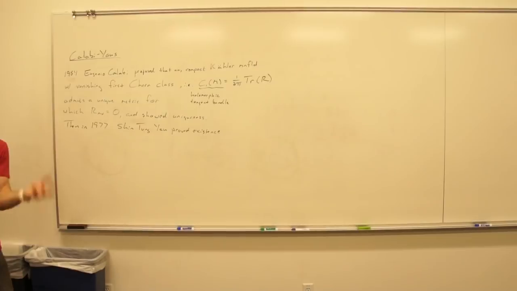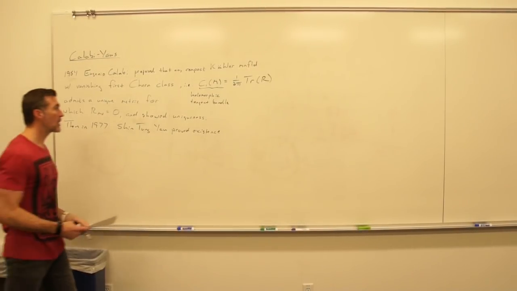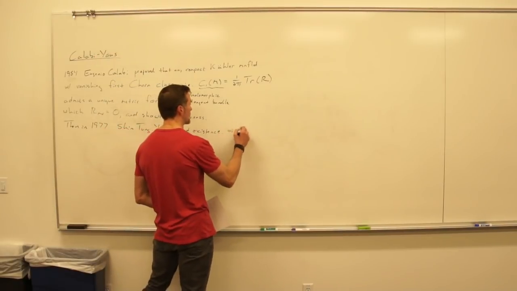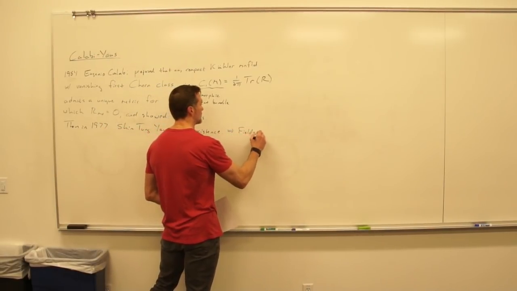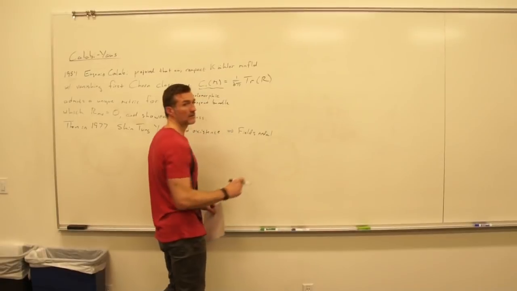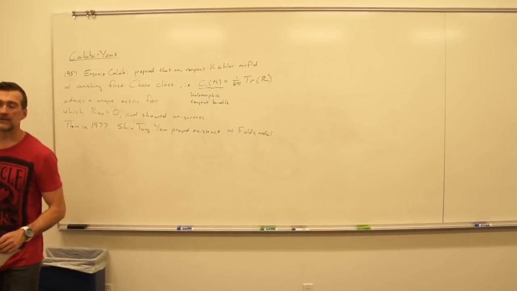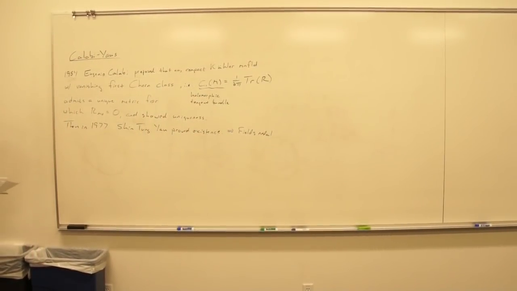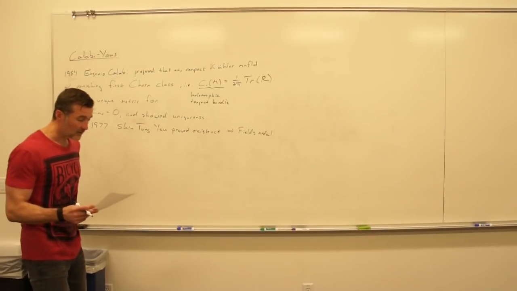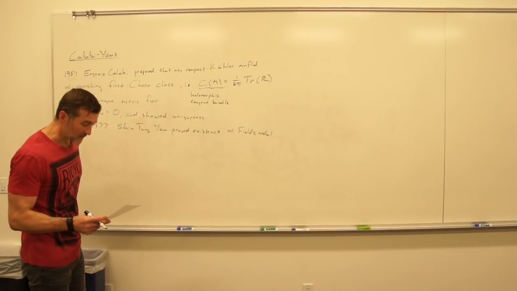This was a much harder mathematical achievement than what Calabi did in the first place, and it actually won Yau the Fields Medal. How many of you know what the Fields Medal is? Yeah, it's the mathematical equivalent of the Nobel Prize. So he won the Fields Medal in 1982 for, among other things, this proof.